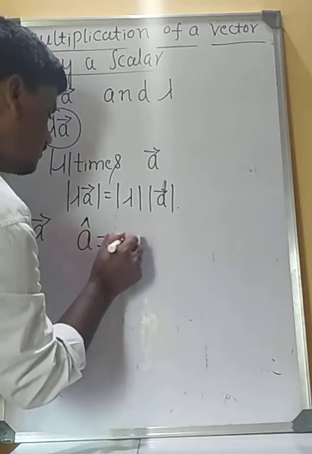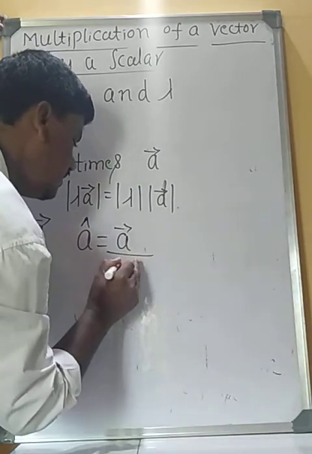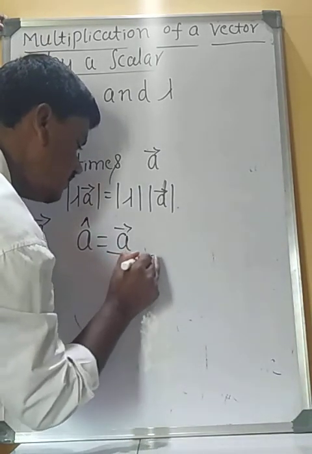A cap is equal to vector A divided by the magnitude of vector A.